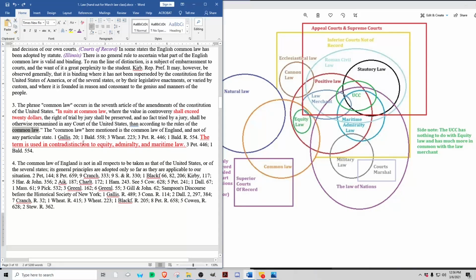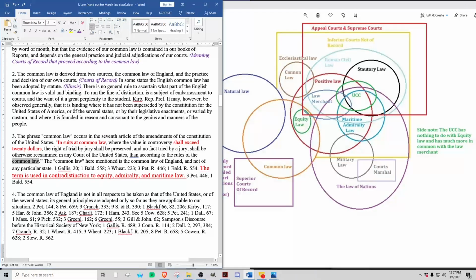So to continue. The term is used in common law. The term is used in contradistinction to equity, admiralty, and maritime law. Right? So when you're talking about common law from the standpoint of what is happening in the courts, that's a contradistinction to equity, admiralty, and maritime law. Now we'll see here that equity is kind of inside common law, like literally inside it. Well, there's a reason for that.